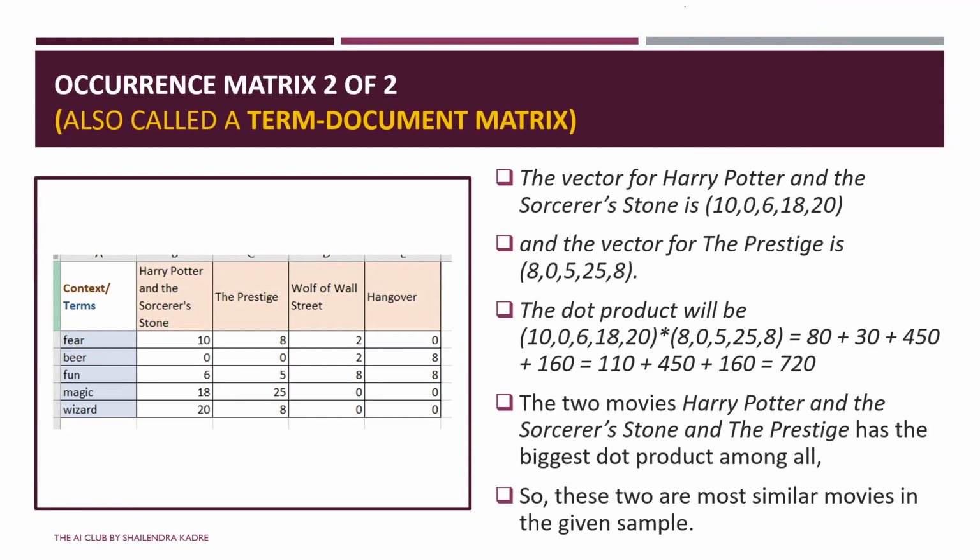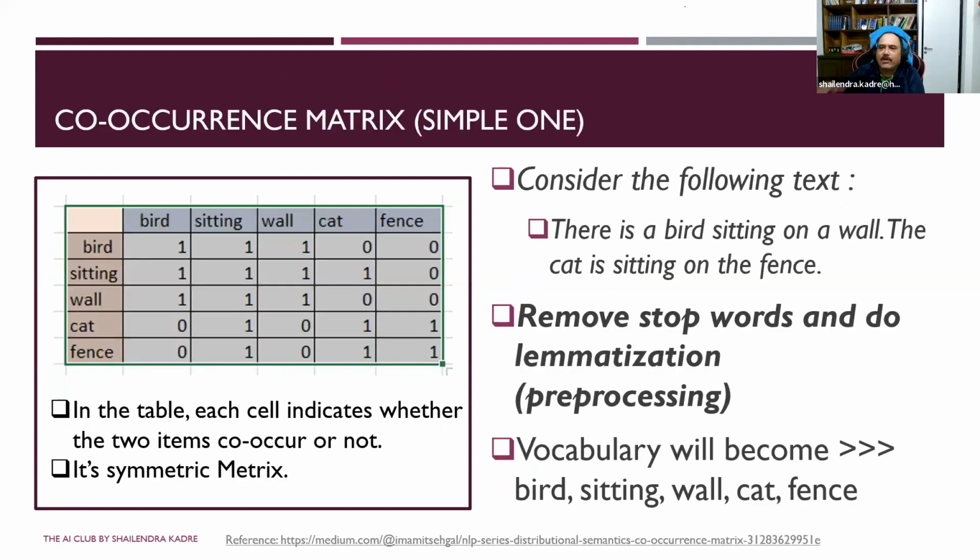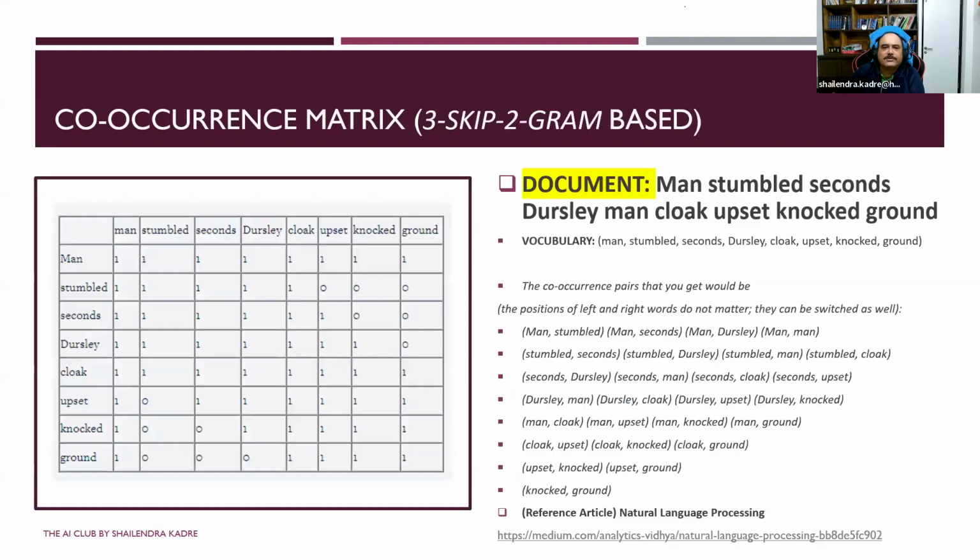So don't get into use case for now. For the occurrence matrix, I had a use case and I explained it to you. But for the co-occurrence matrix, and for the skip gram also, I have not explained any use case. I have just explained the concept of what a co-occurrence matrix is and what a skip gram based co-occurrence matrix is. Right now, don't get confused with that.